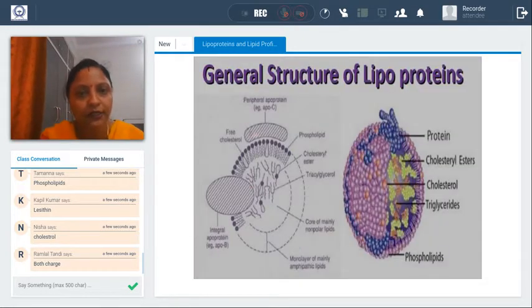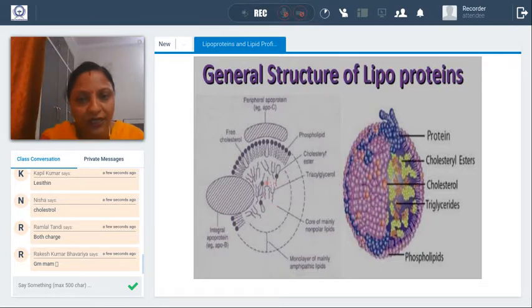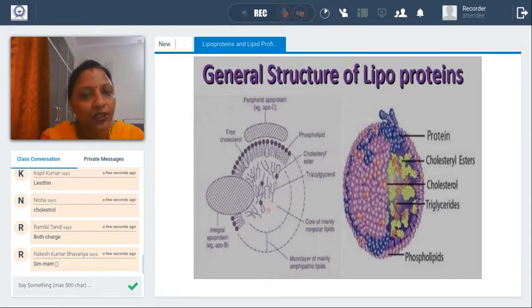We will see in another slide this peripheral apoprotein, ApoC. This is monolayer of phospholipid and free cholesterol. You can see here. Likewise, this phospholipid and free cholesterol, and in the innermost you can see here cholesterol ester and this triacylglycerol or TG.